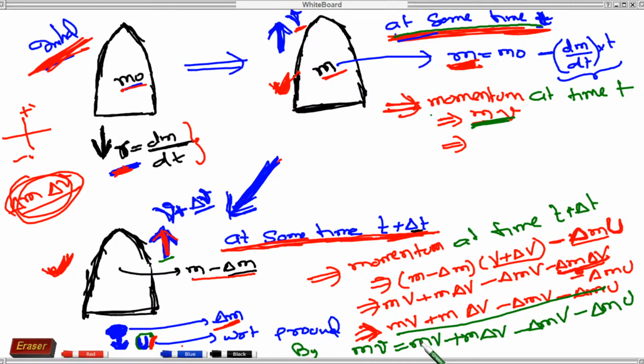You can see here that mv and mv get cancelled, and we will have m delta v is equal to delta m into (v plus u).